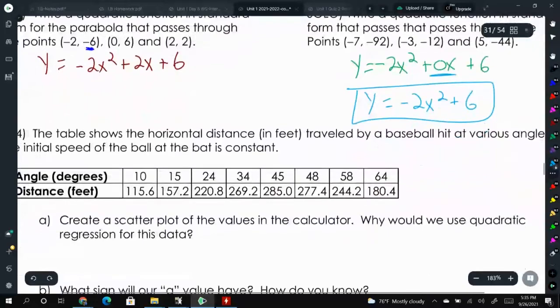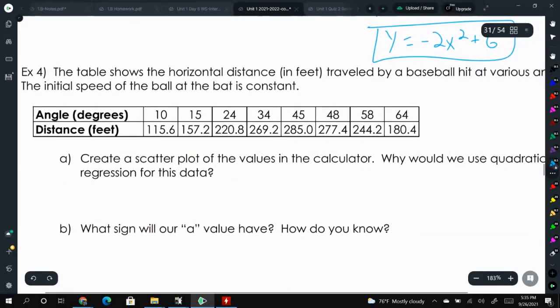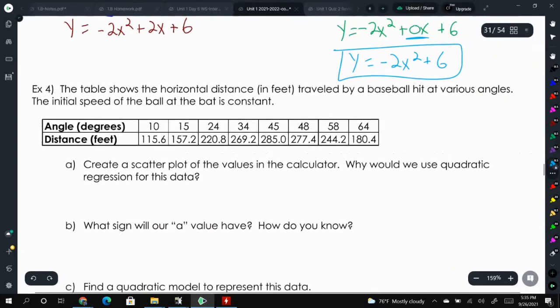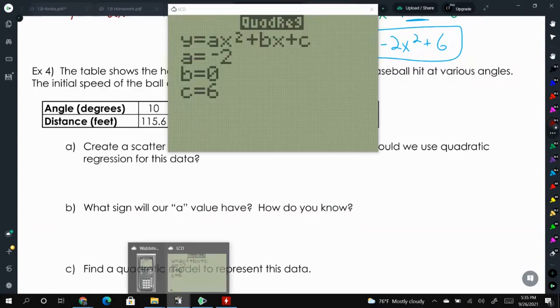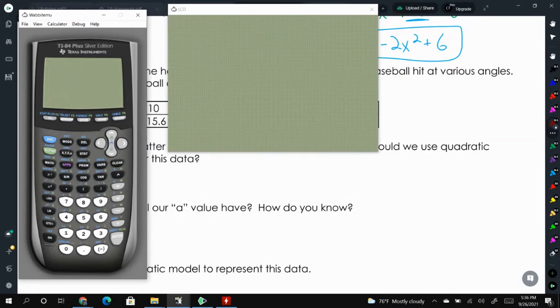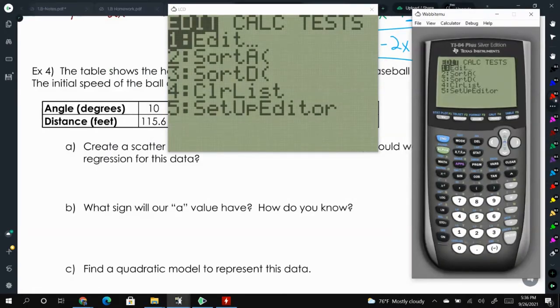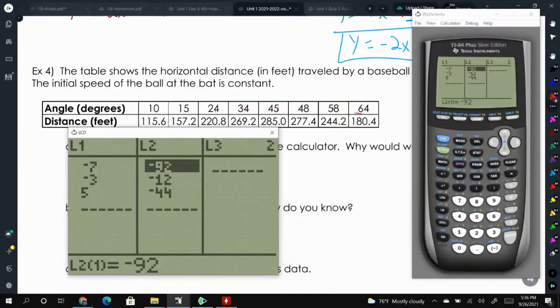This last equation down here, we have a lot more points. And let's look at how to do this in the calculator. So I'm going to go to Stat and Edit. $10, $15.